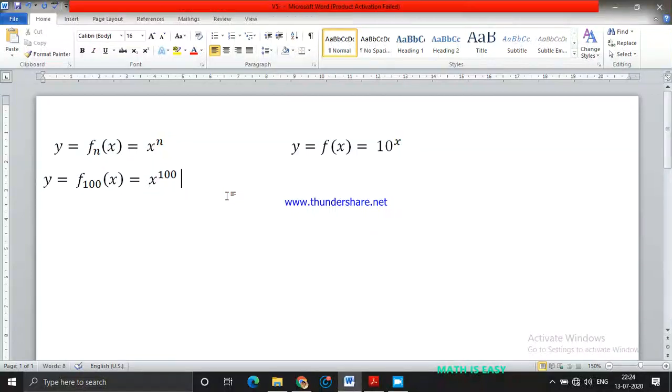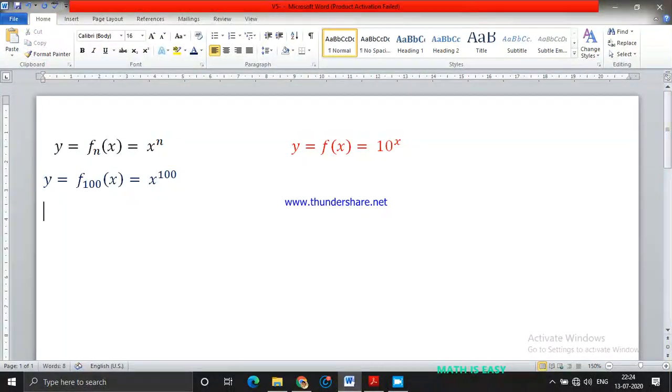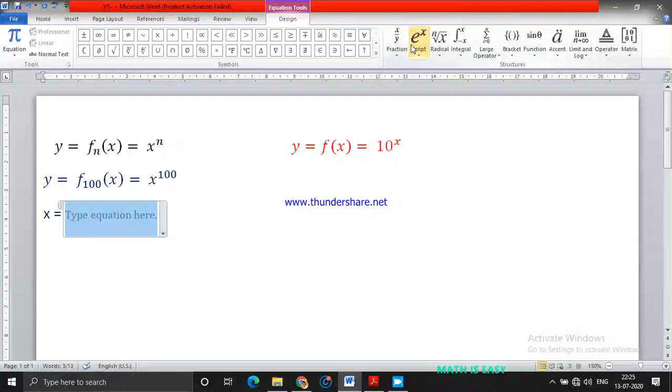There are two functions here, so let me highlight them with another color. This is one function and this is another function. Now let me take different values of x and check. For example, if I take x value as 1000, I can write it as 10 to the power 3, right?